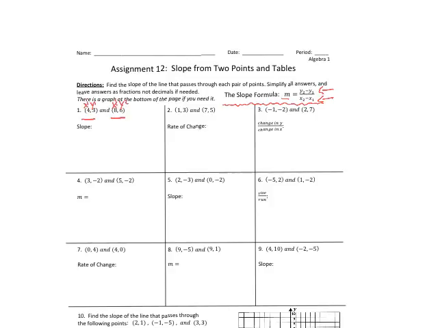Okay? So to use our formula, y2 minus y1 over x2 minus x1, I'm going to use 6 minus 3 over 8 minus 4.